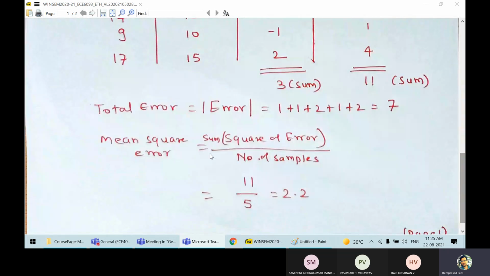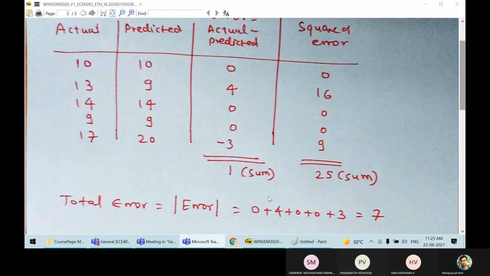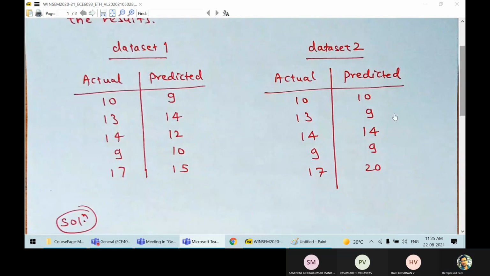Mean square error for data set 1 is 2.2. So if we observe this, here we have huge errors, like this error of 3, this error of 4, this error of 4. Although other samples are matching, there is an error of 4 and an error of 3.